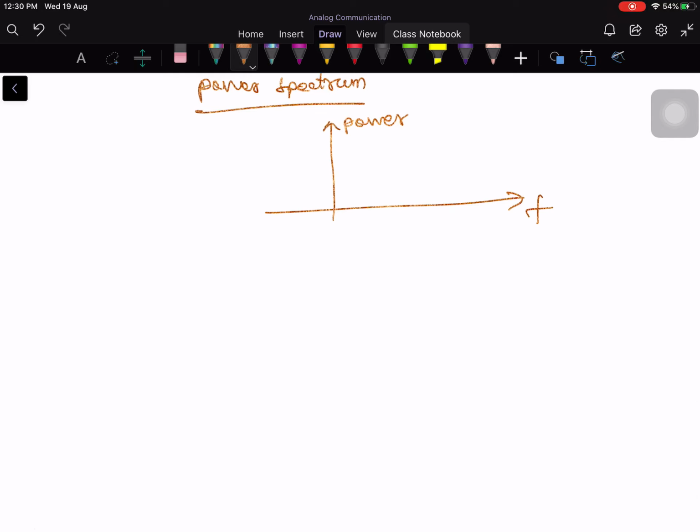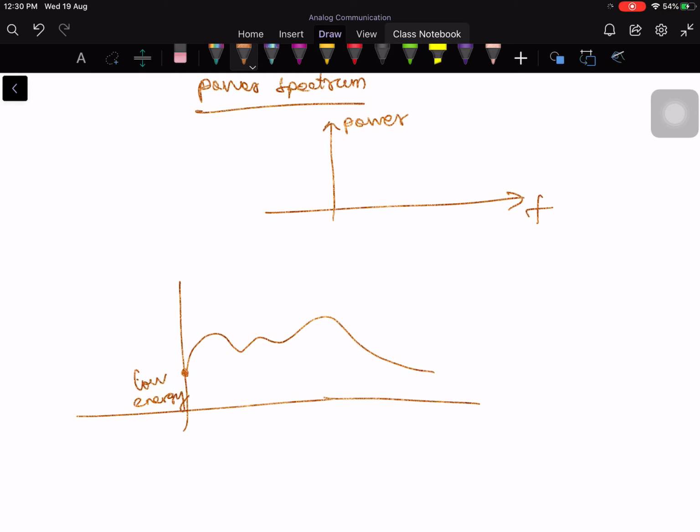And for a human speech signal, we see that the spectrum has this kind of typical occupancy. It builds up from low energy. So let's say this is a low energy point, and it builds up from the low energy, at the lower frequency end. This is the lower frequency end, and keeps on going to the higher frequency end.